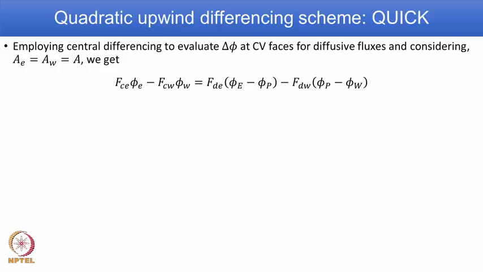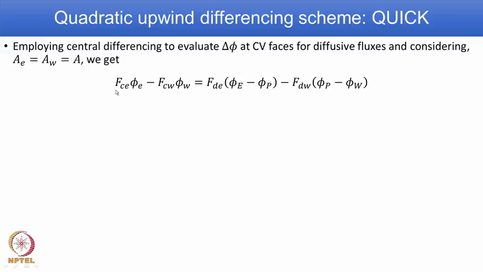So, we already learned from the diffusion equation that we apply central differencing to evaluate derivatives on the phases, and for simplicity's sake we assume it is one dimensional with equal area. So, AE equal to AW equal to A. So, if you put the convection term also, then we get the final discretized form as shown here.